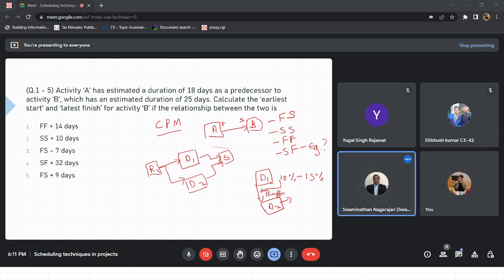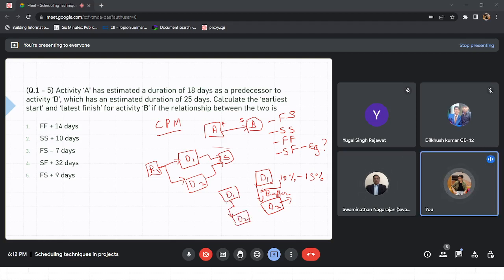Yes. Correct. So you can also represent it like this: D1, let's say your 15% is here, then D2. This also gives the same representation, or we can have D1 with the time duration.